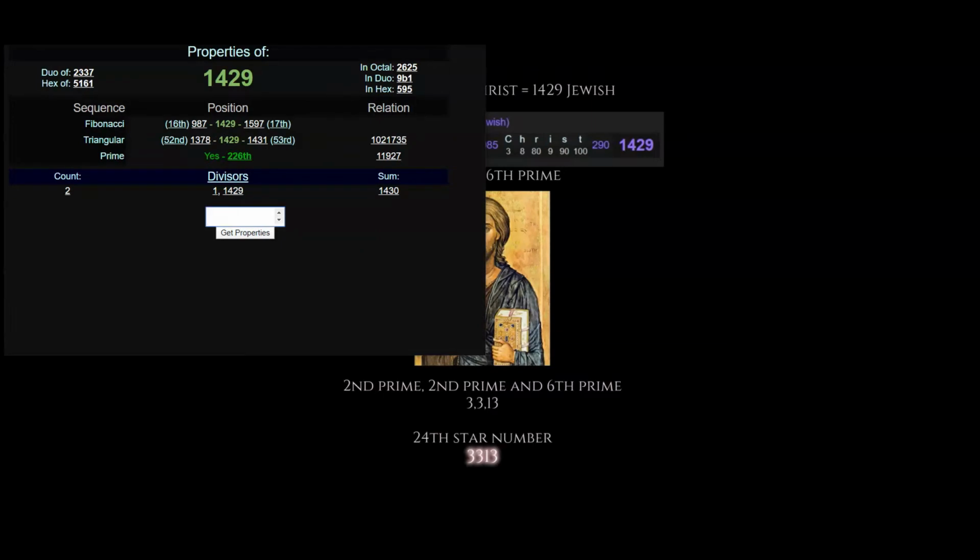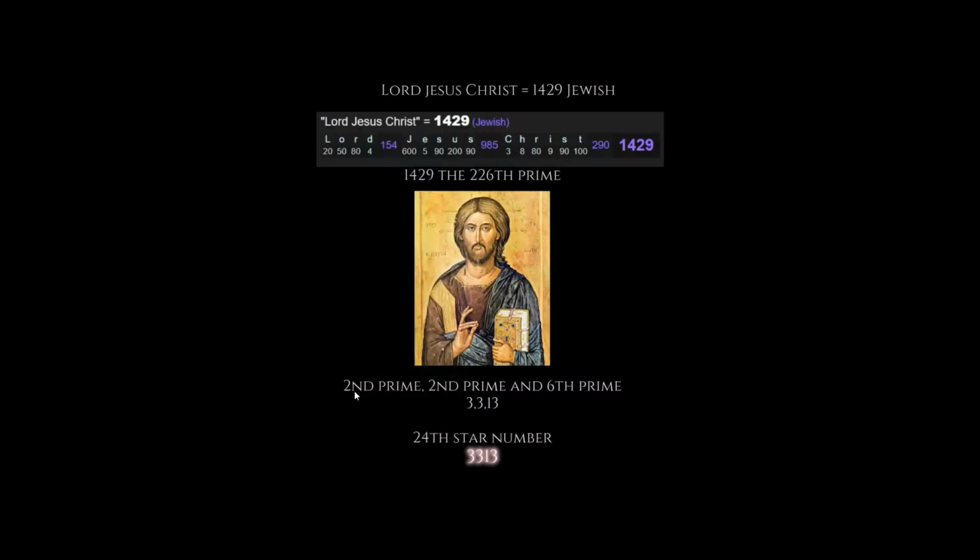I've covered this 226 before. If we break down the 226, it's the second and sixth primes. Second prime is 3, and the sixth prime is 13. And that gets us to our 24th star number, 3313.